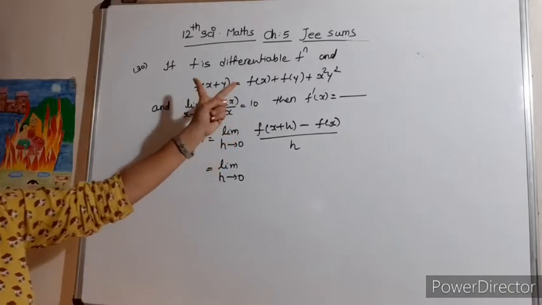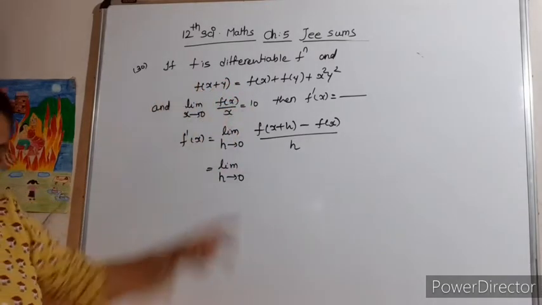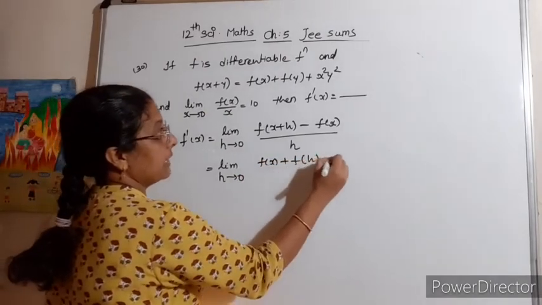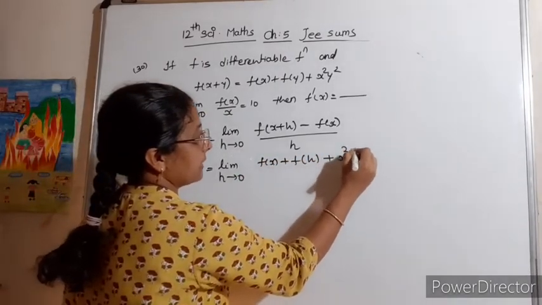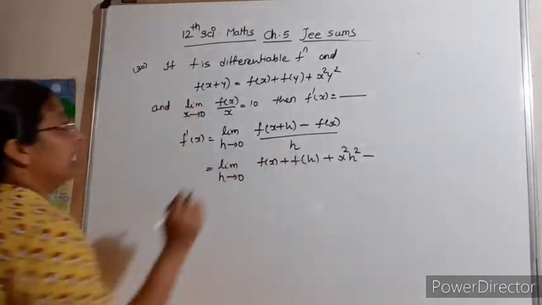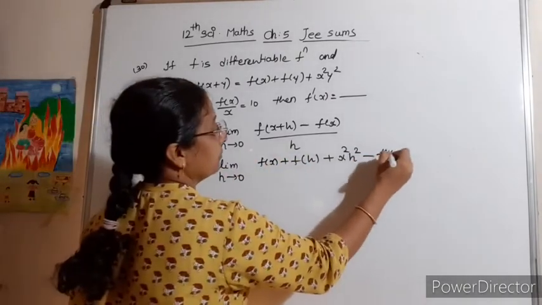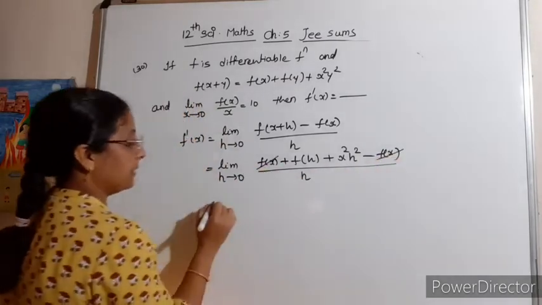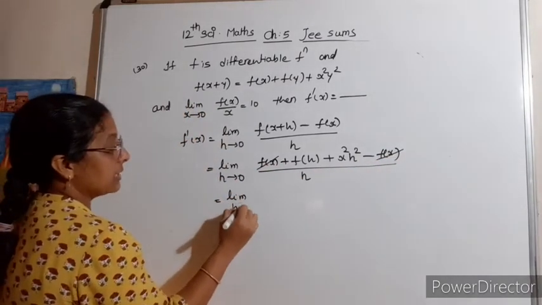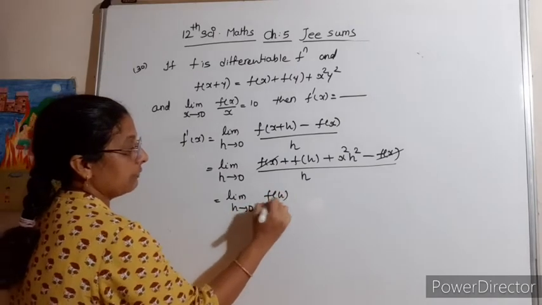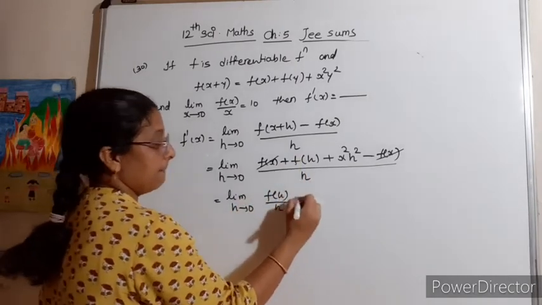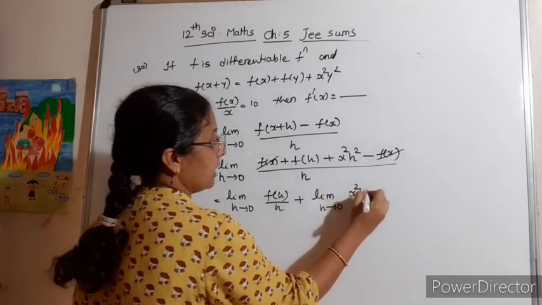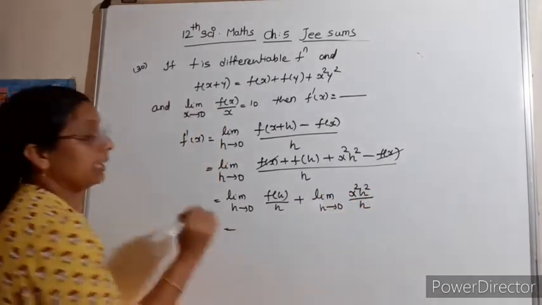So we will write f of x plus f of h plus x square h square minus f of x, upon h. f of x minus f of x cancels. Limit h tends to 0, f of h upon h plus limit h tends to 0, x square h square upon h is equal to.